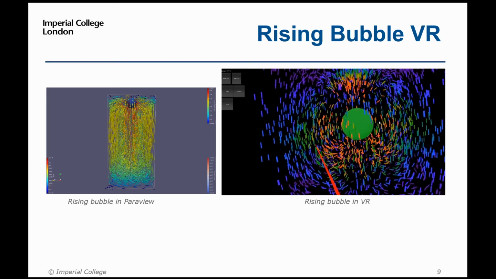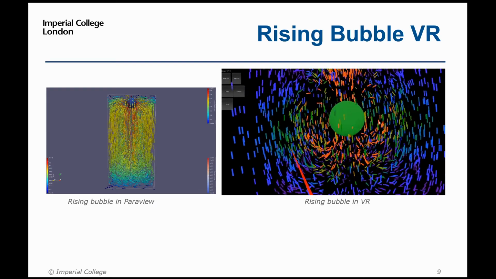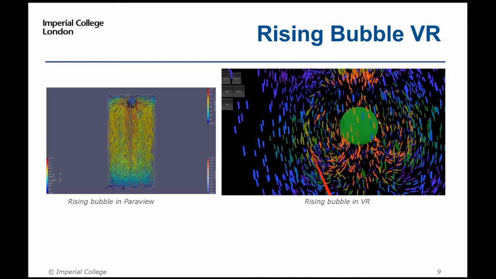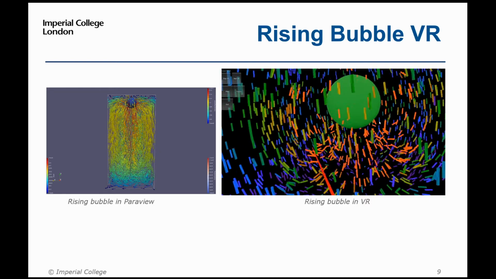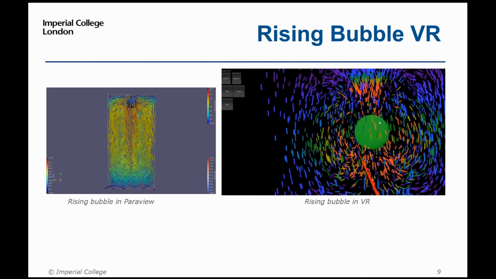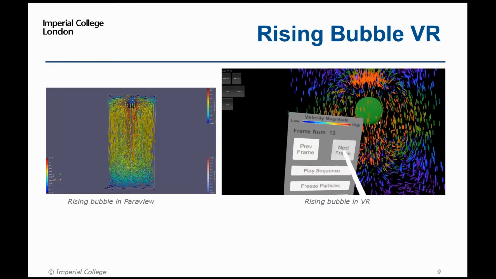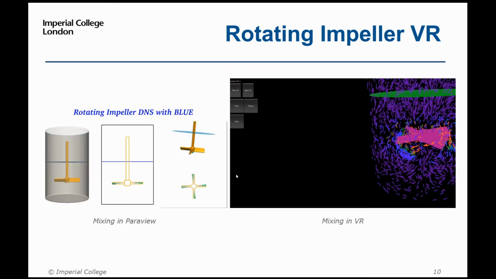By moving closer, one can immerse into the data in 360 degrees. The second example consists of a rotating impeller, which is an industrial use case. There is a separate talk in APS-DFD 2020 this year by Lyes explaining the fluid dynamics behind a rotating impeller.